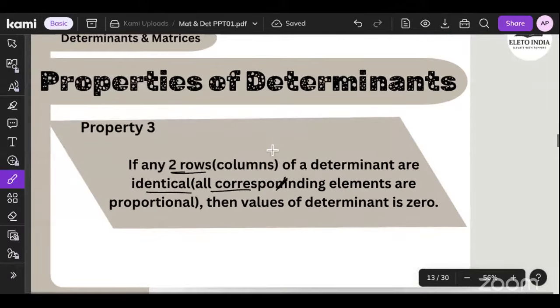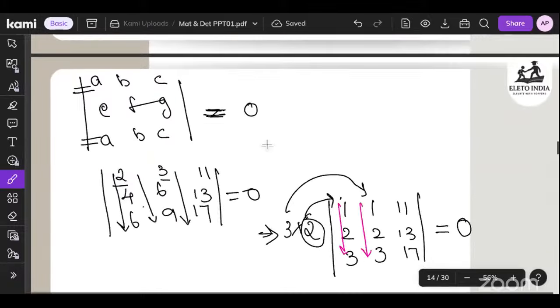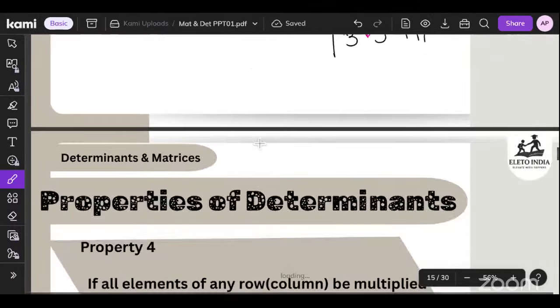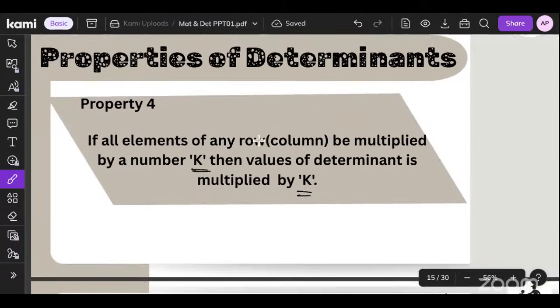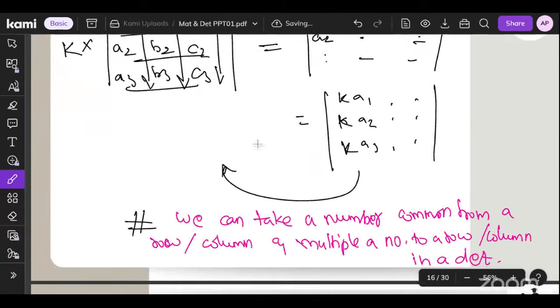Property 3 says if you have two identical rows or columns, the determinant will be 0. And property 4 says you can either multiply a term to a row or column in a matrix, or take a common factor from a row or column. Hope you understand this session.